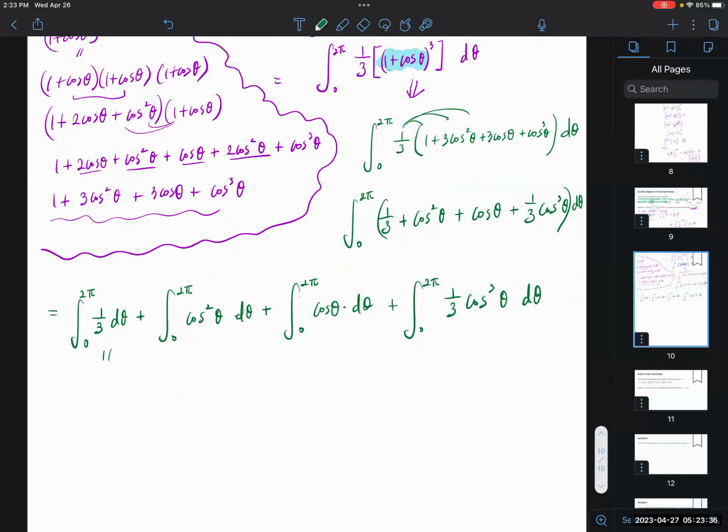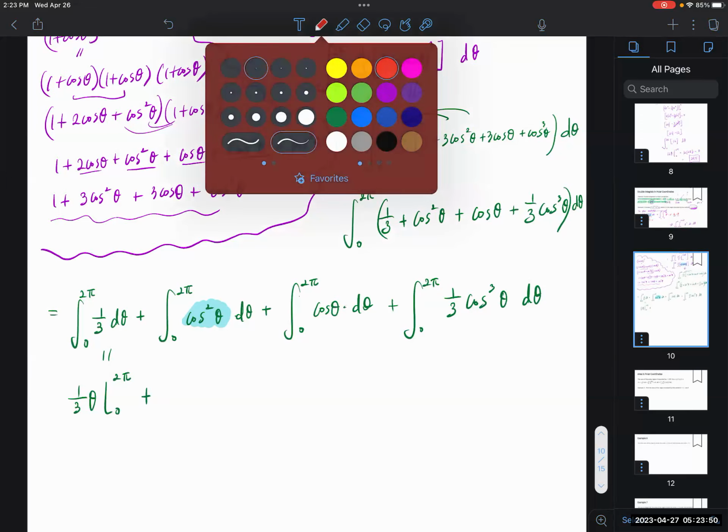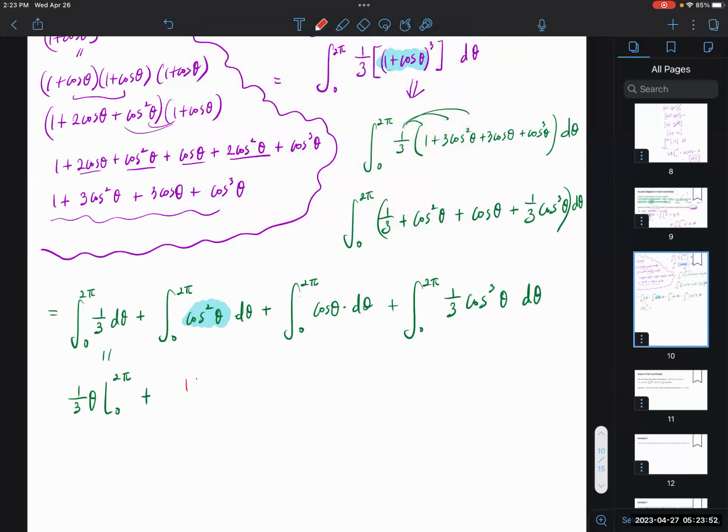So this one, 1 over 3 theta, 0 to pi. And then cosine squared theta, just be aware, we talked about it. We can change it to the double angle identity. Cosine squared theta is the same as (1 plus cosine 2 theta) over 2. So that's the same. So we have 0 to pi d theta. And cosine theta, if you take the integral, what is it?